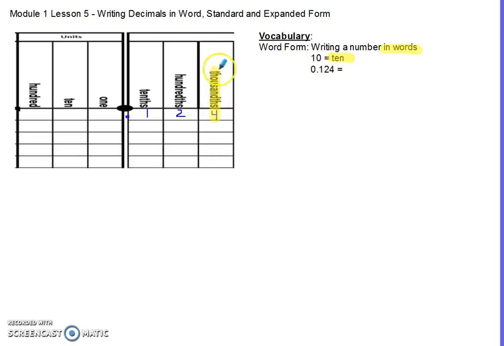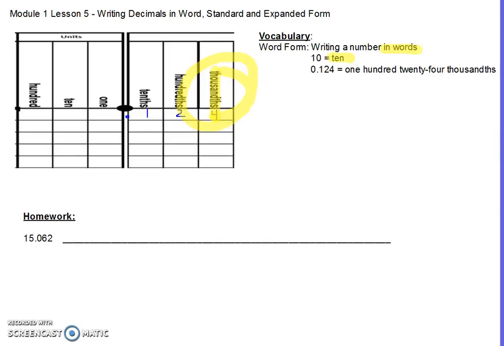The last number in the decimals is in the thousandths place, which means that our number is going to be categorized as thousandths. So this would be 124 thousandths. You say the number from left to right, and you add on that last column at the end.